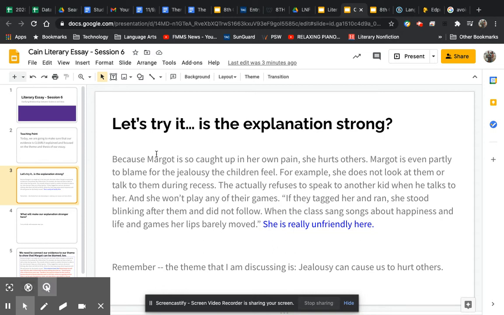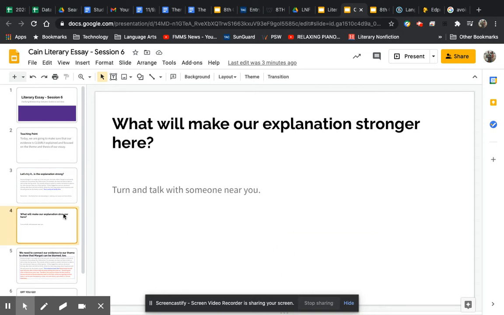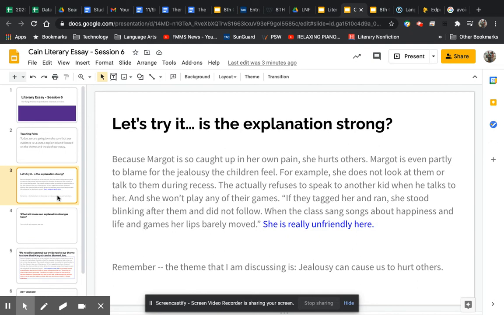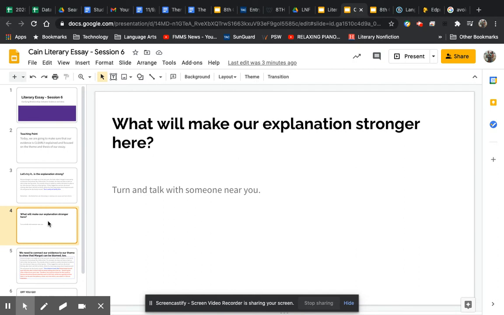Okay. So what I want you to think about, what would have made the explanation stronger? Because clearly a one-sentence explanation that's very surface level, you can go deeper with your thinking. So right now, I want you to think and turn and talk if you need to.